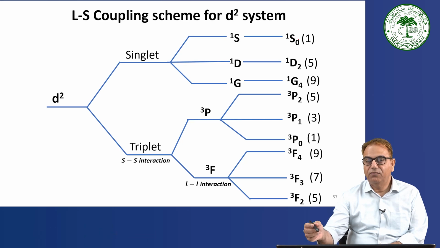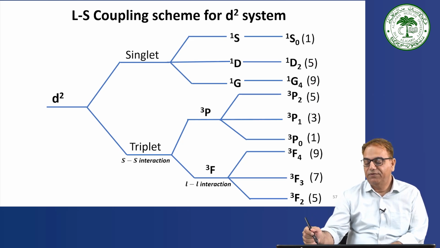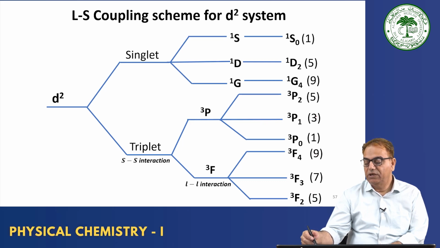And the number of microstates each will account for is written in brackets: 7, 5, 9, 5, 3, 1, 9, 7, 5. If you sum it up, all should give you 45. So 7 plus 5 is 12, 12 plus 9 is 21, 26, 29, 30, 39, 44 and 45.